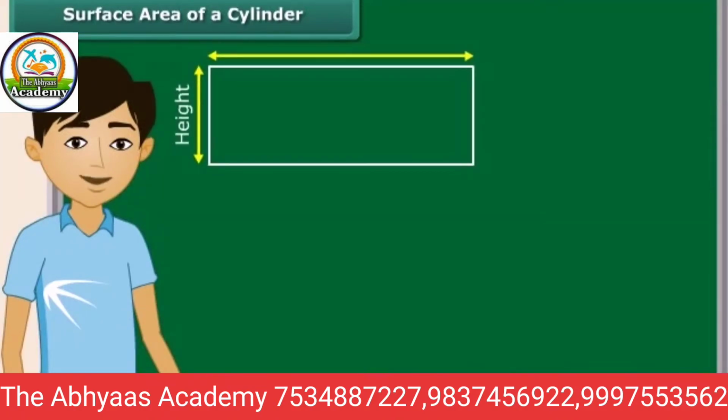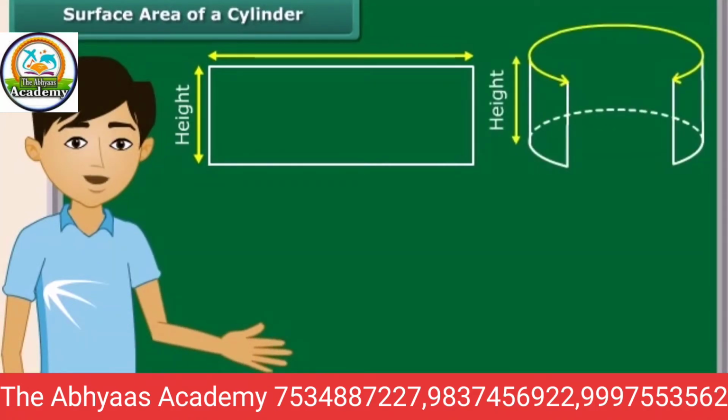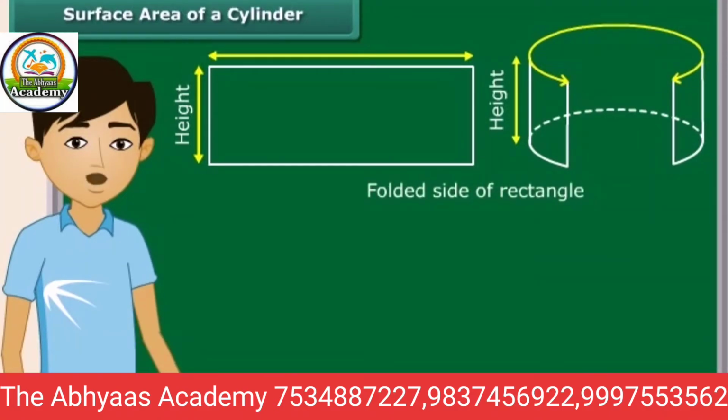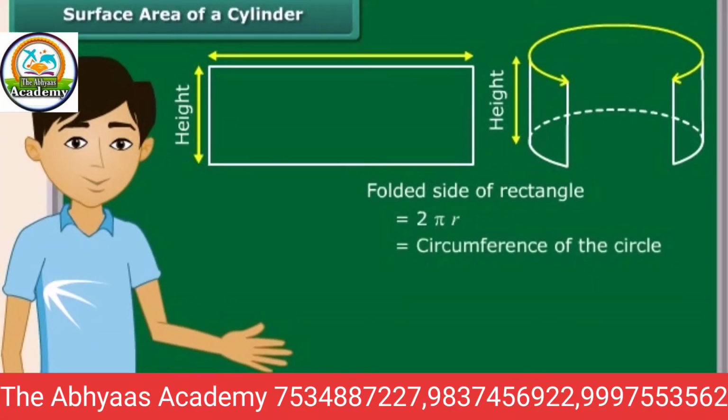Let us take a closer look at our rectangle. As this rectangle is being folded, this side becomes the perimeter of the resulting circles. Thus, the folded side of the rectangle must be equal to 2 into pi into r, which is the circumference of the circle.